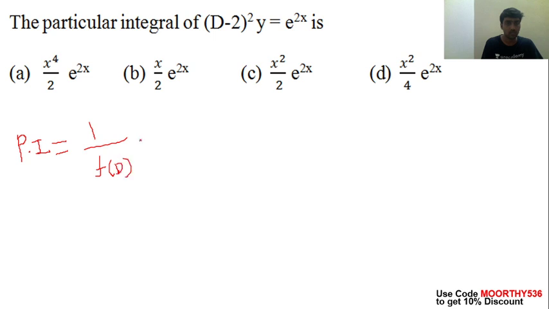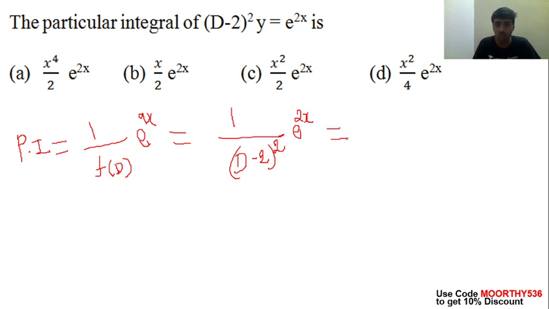So 1 divided by (D minus 2) the whole square into e power 2x. Here we have to replace the letter D by the number 2, so it is 1 divided by (2 minus 2) the whole square into e power 2x.